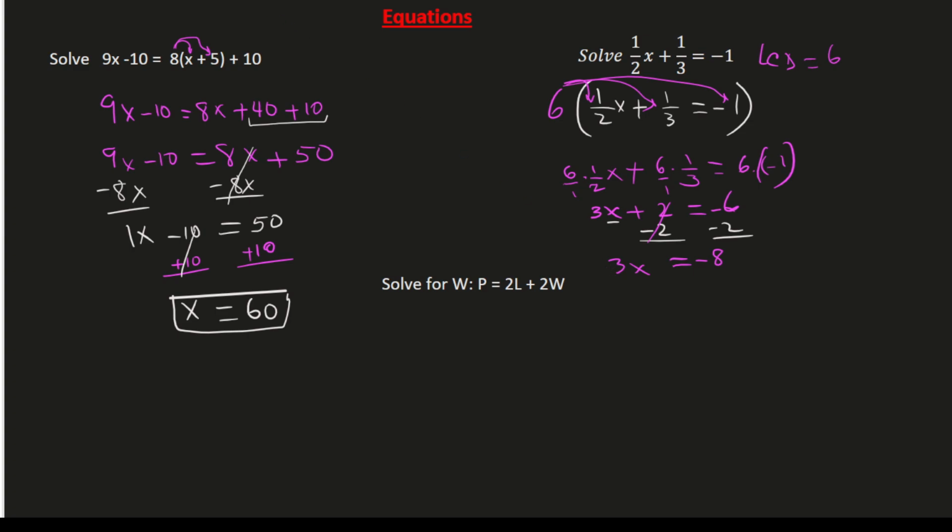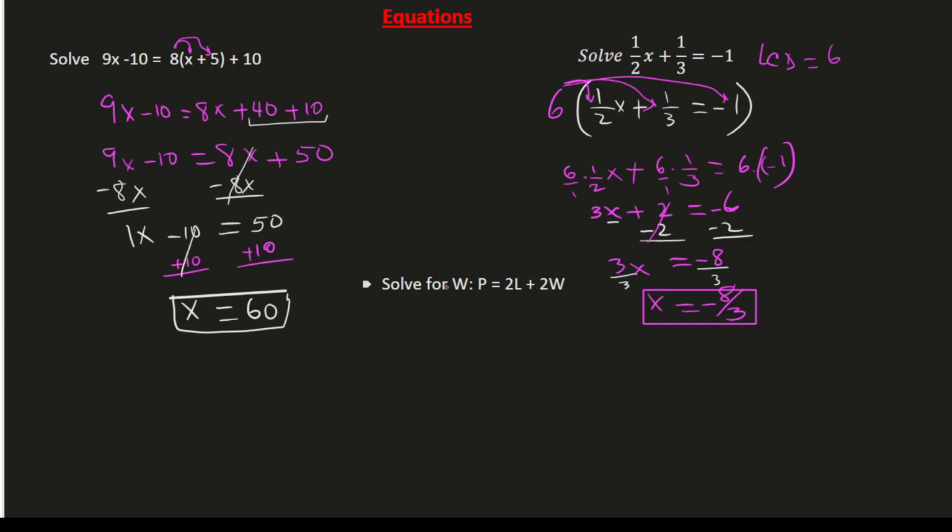To solve for x, you divide by whatever is in front of x, which is 3. Divide this by 3. So in the end, you get x is equal to -8 thirds.